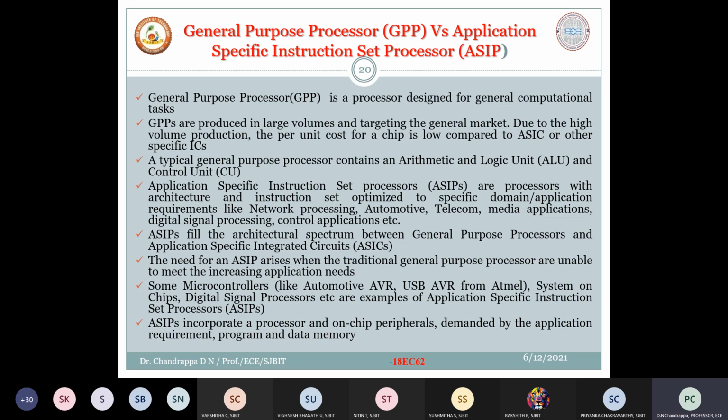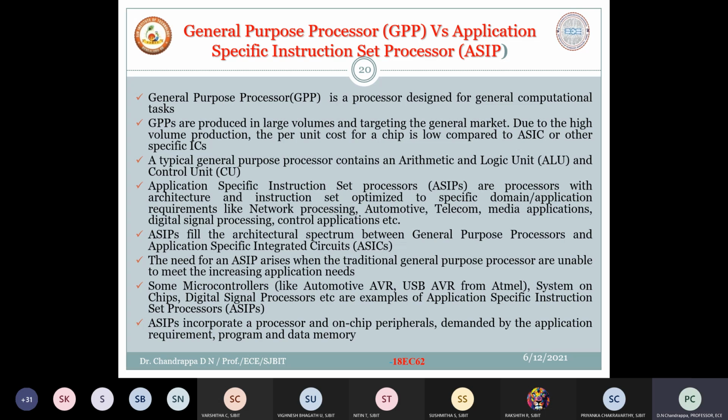Okay. For example, these application specific instruction set processors are for network processing. They are defined very clearly related to network processing, automotive, telecom, and media applications, and some digital signal processing, and mainly you can use them for control applications.